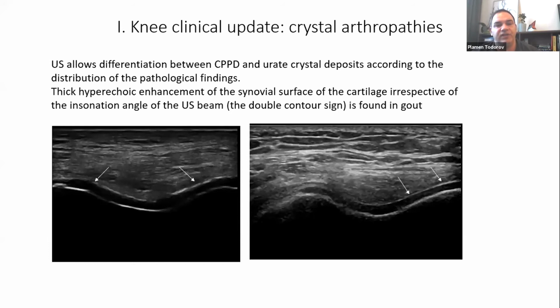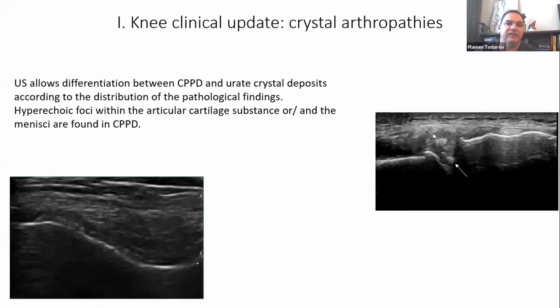Ultrasound allows differentiation between CPPD and urate crystal depositions according to the distribution of the pathological findings, with thick hyperechoic enhancement of the synovial surface of the cartilage, irrespective of the angle of insonation, also called double contour sign, which can be found in gout, like here and here.